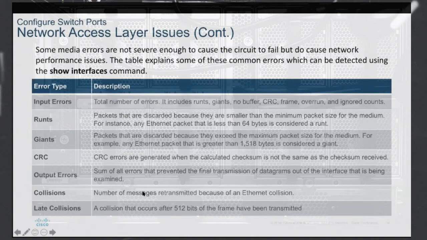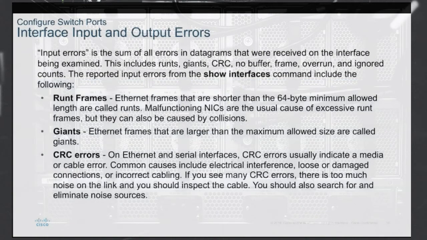In full duplex, we would not want to see collisions, or rather collisions should not occur in full duplex. If you see a collision in full duplex, it means there is some problem and you need to examine it. Let's see what the causes of these are.